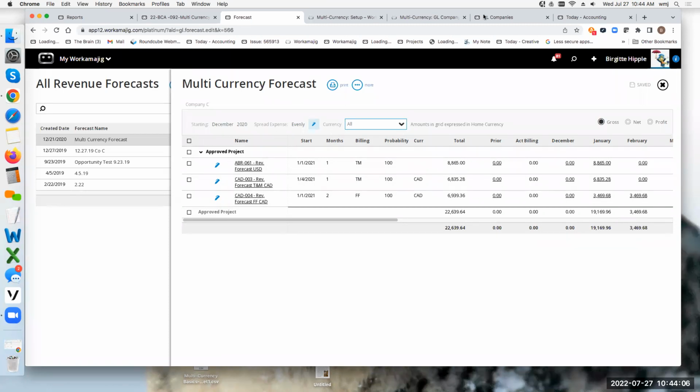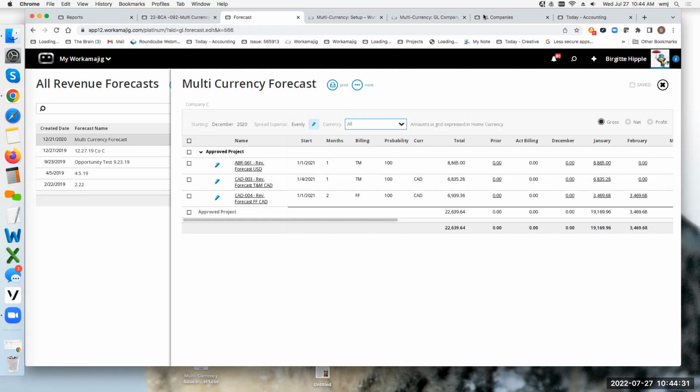When will GL company multi-currencies be out of beta? It just recently went into beta. We've been running it in the background to make sure everything's looking good. If you're interested in trying it, I'd be more than happy to enable it for you.